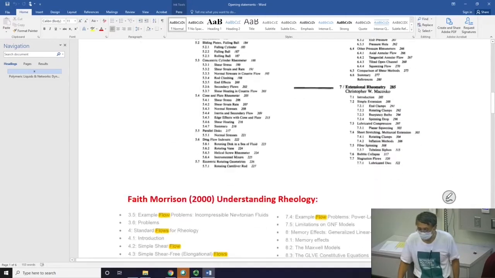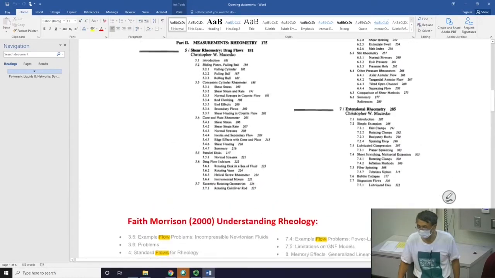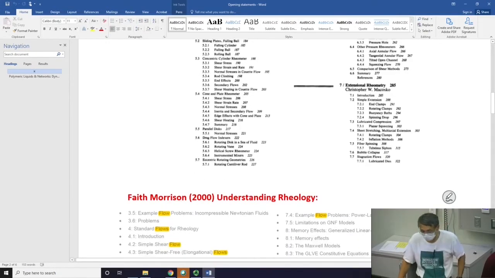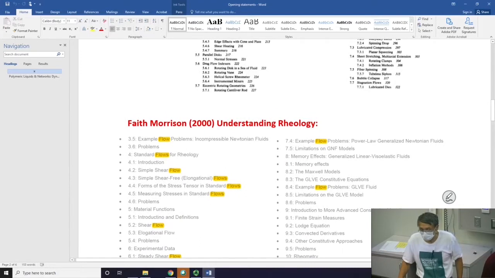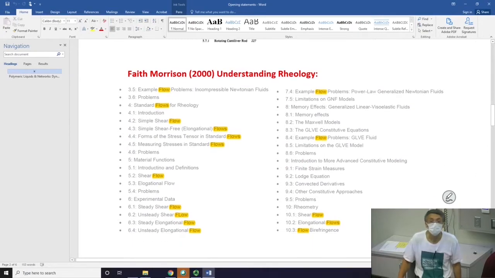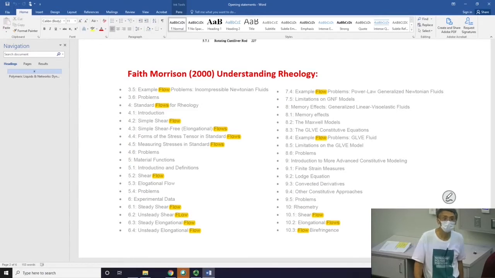This is a book heavily popular, not on the polymer physics side of rheology, but just rheology in general. And this is another book where I can be a little bit critical, perhaps, and you will soon find that to be acceptable. Look at this book, for example. I just highlighted a few places where the word flow was used.